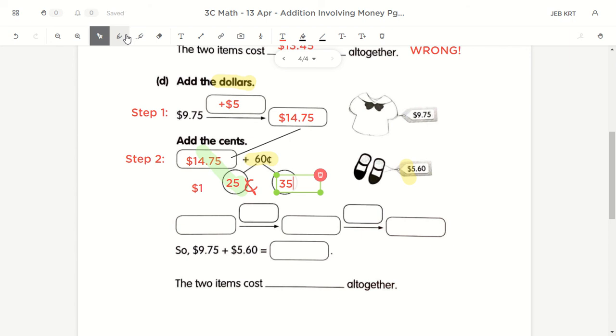Alright, so after that, let's work everything out. Bring this $14.75 down here. You add the 25 cents first to form your whole dollar.